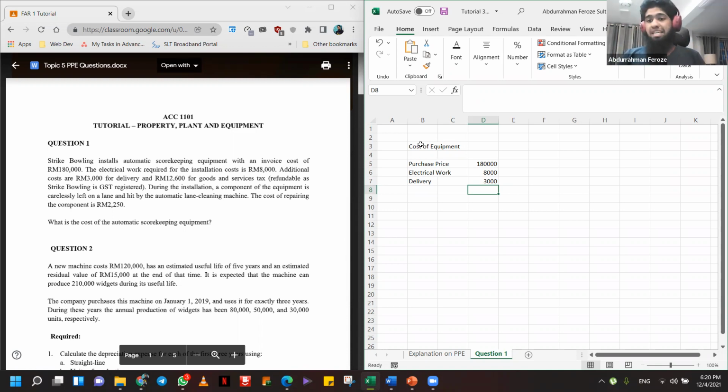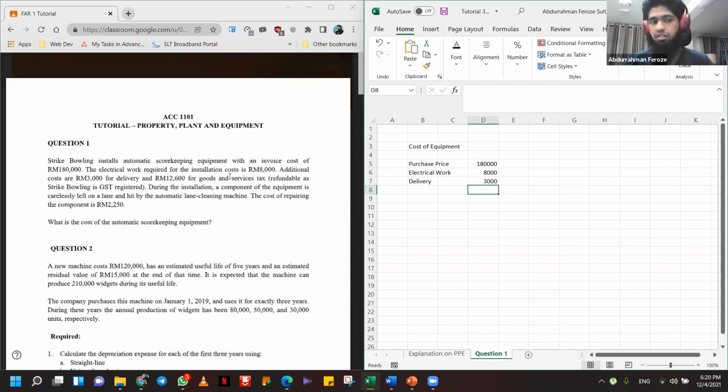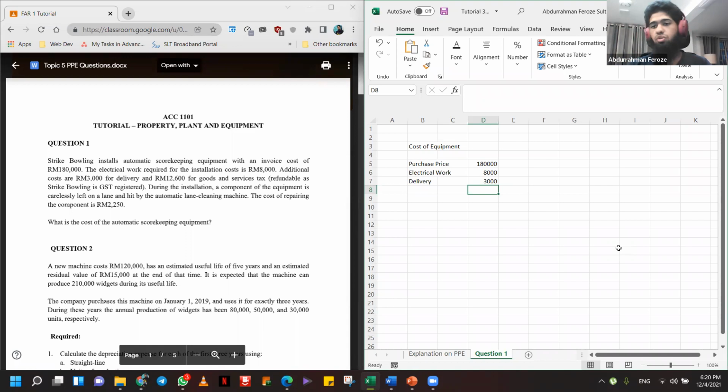So just because it's a tax does not mean it cannot be included. This specific one is not included because it is refundable; the company will get the refund from the government because it is GST registered. But typically, if the tax is required for you to begin usage of the asset, then it should be included. If you don't pay it, you can't use the asset.